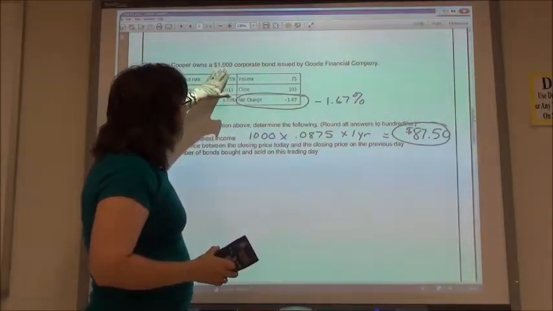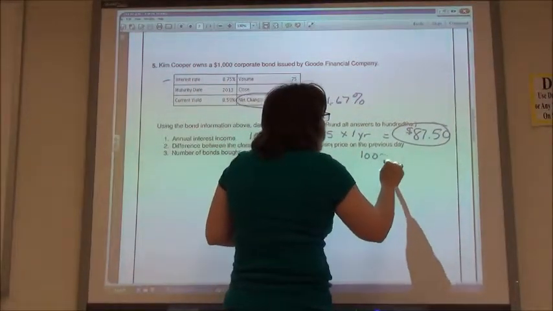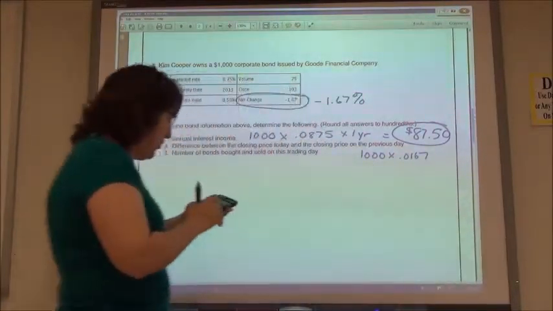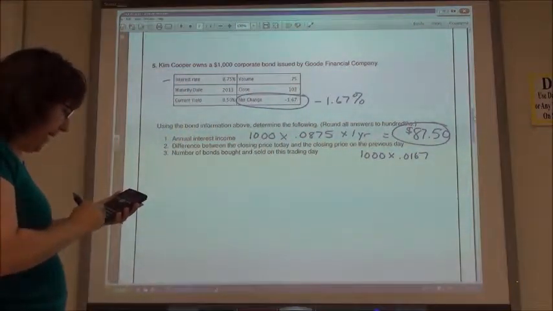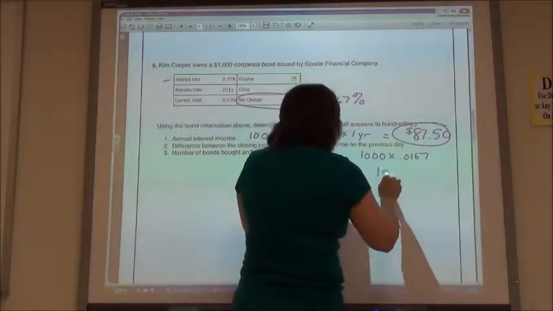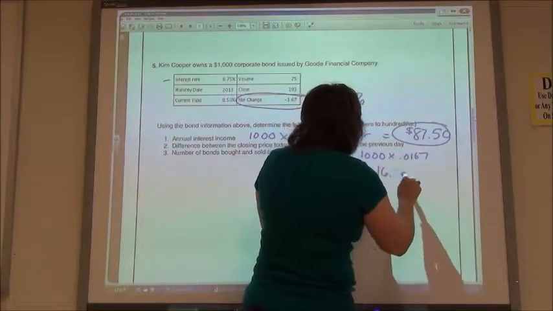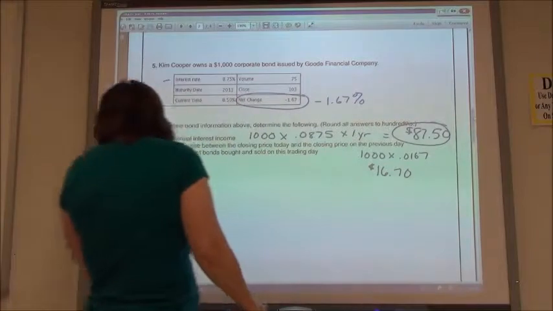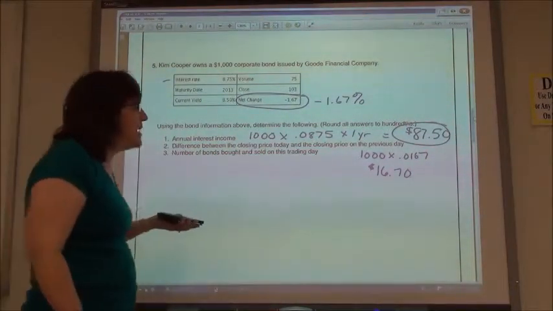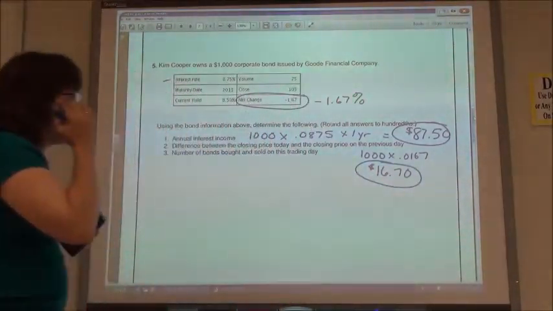My value was $1,000, and so I'm going to take the $1,000 times 0.0167, and so if I take 1,000 times 0.0167, I have 1670, and so the decrease in my stock would be $16.70 from the previous day.